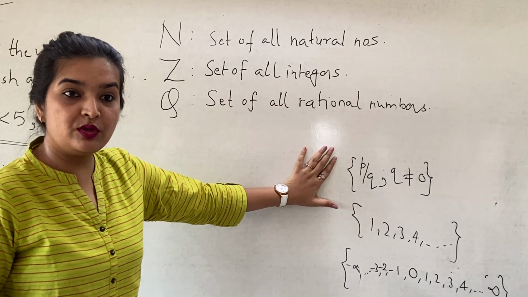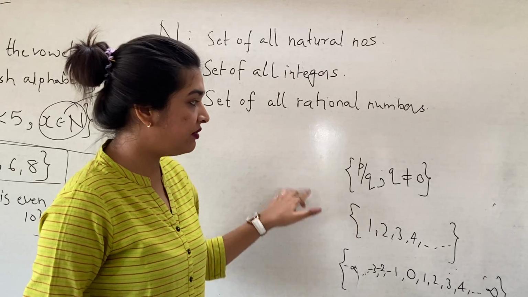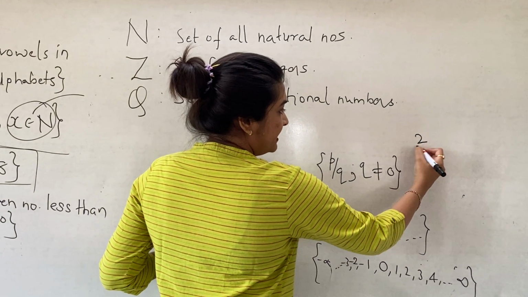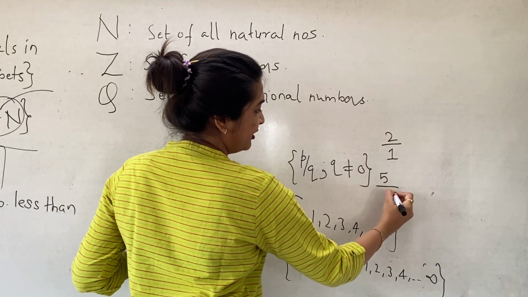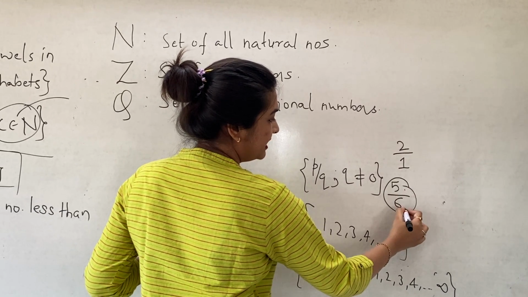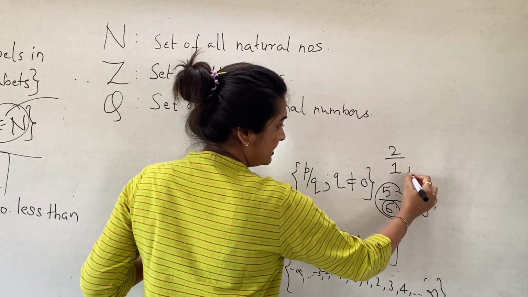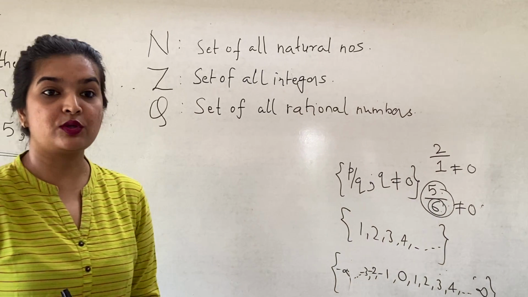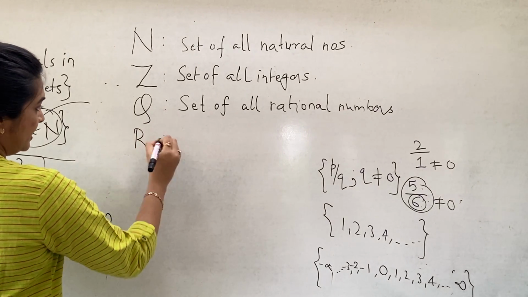Numbers having this form are called rational numbers. For example, 2 can be written as 2 by 1. Then 5 by 6. This is p by q form where q is not equal to 0. Non-zero term must be there. Then this number is called the rational number. And the last one is R.